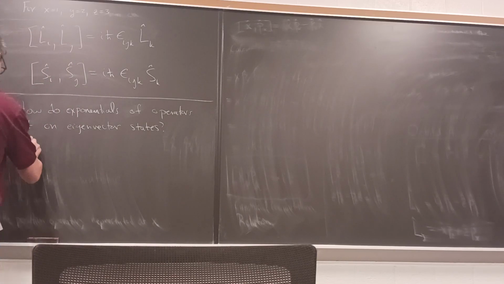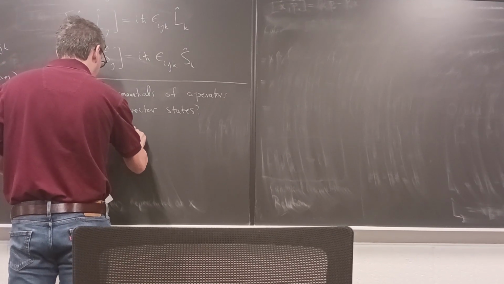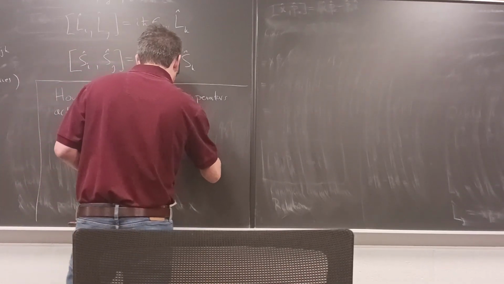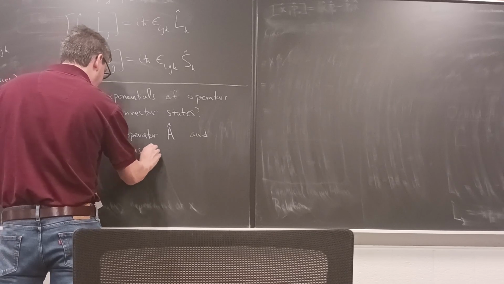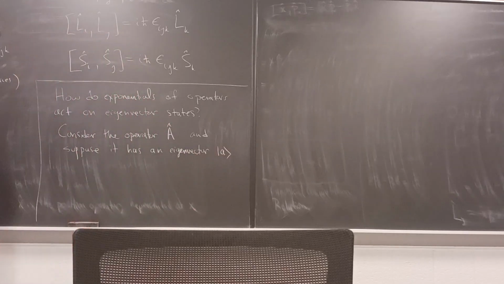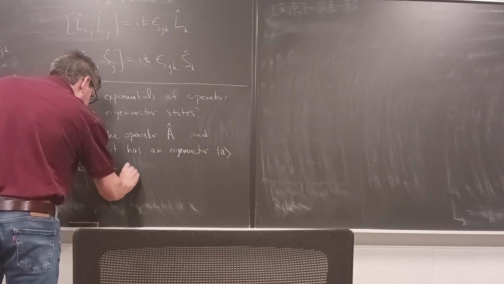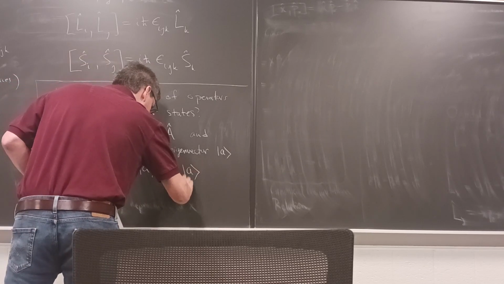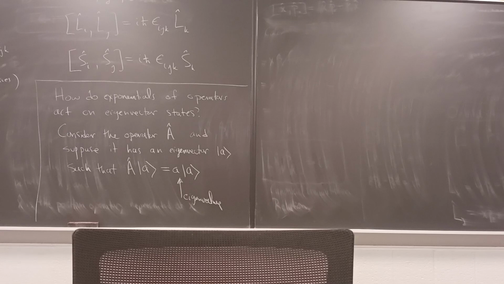So let's just consider the operator A, and suppose it has an eigenvector little a, such that when it operates, it just brings out the eigenvalue of that eigenvector.